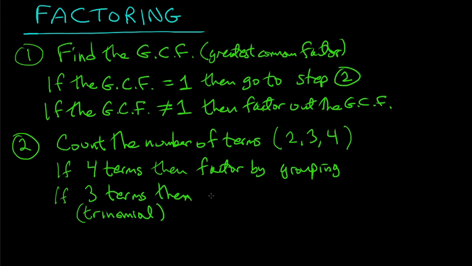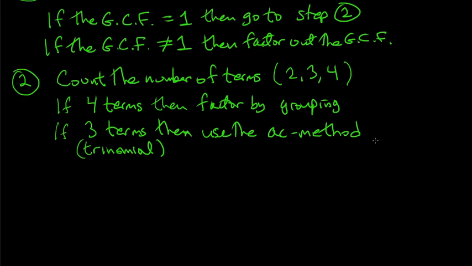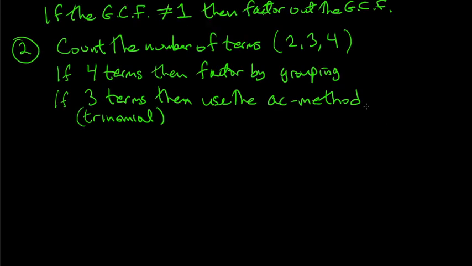So the method that always works is called the AC method. Right? And we did a lot of examples with the AC method, right? Right. But then there's 2 other possibilities. And these are shortcuts that sometimes work and sometimes don't, right?